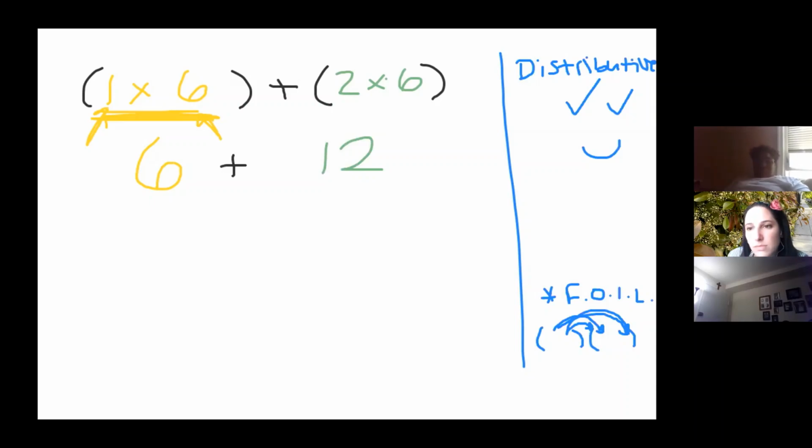Because you got the 1 times 6, and then you got the plus, and then this. Okay. So you said 1 guitar, 18 altogether, with 6 strings. Then we have 2 guitars.